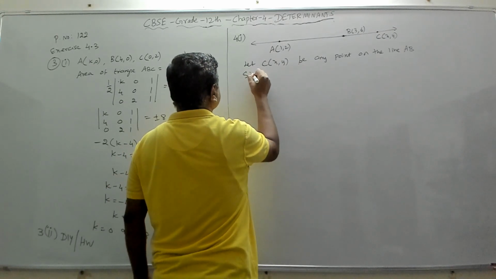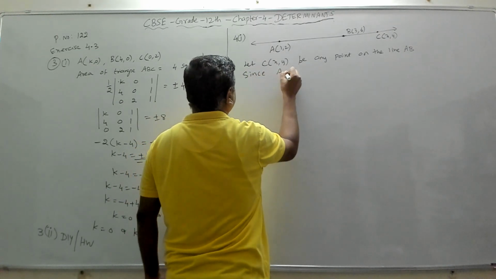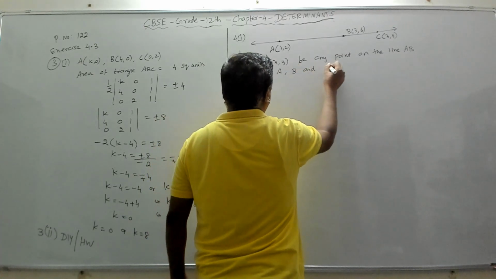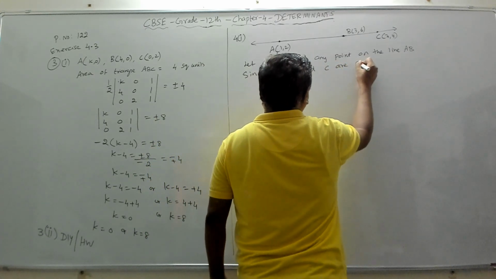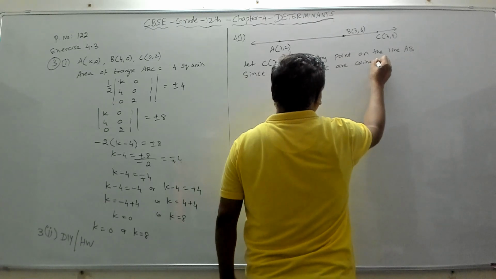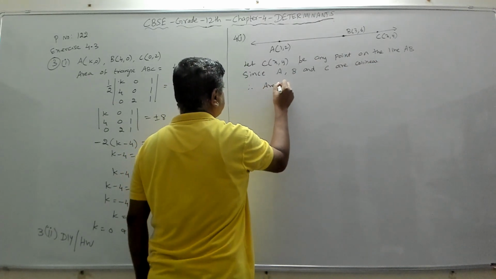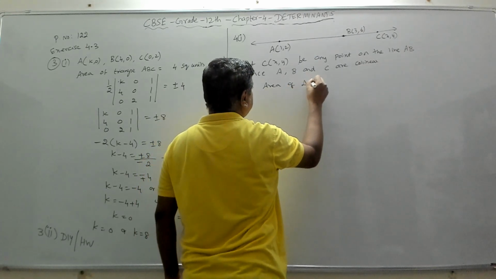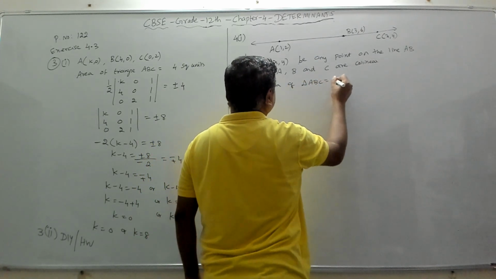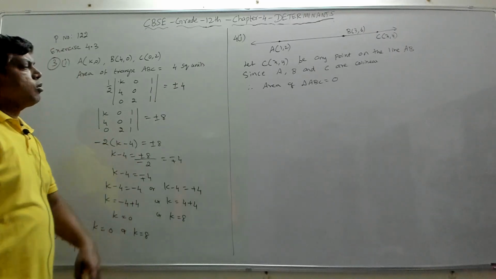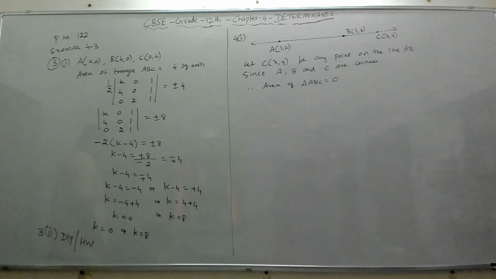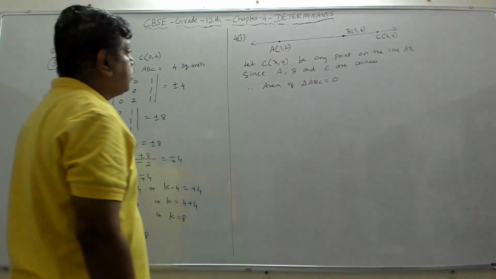So since A, B and C are collinear points, therefore area of triangle ABC will be equal to 0 because the 3 points are collinear. When the 3 points are collinear, then the area of the triangle is 0.